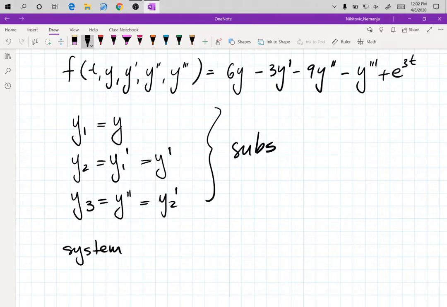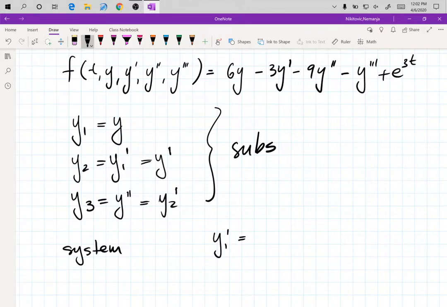So what is my system? Remember, now my new variable functions are y1, y2, and y3. So y1 prime is equal to, what is y1 prime? Look for y1 prime.